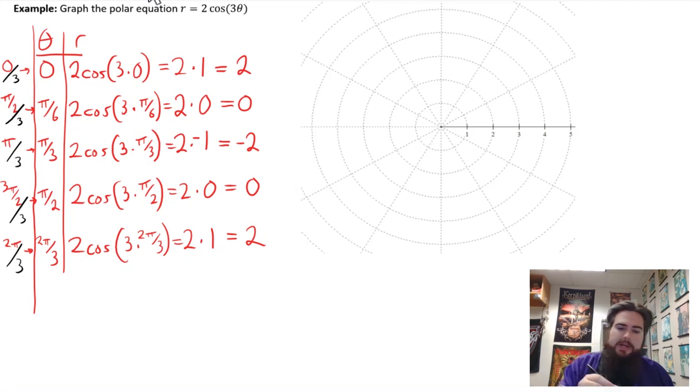Starting with my first point. My first point is 0, 2. So that means face towards 0 radians and go a distance of 2 in that direction, which puts us here. The next point I have is pi over 6 and 0, which means face towards pi over 6 and walk a distance of 0, which puts us right back at the pole.